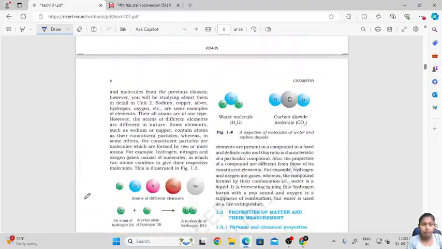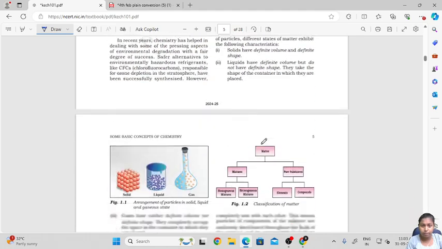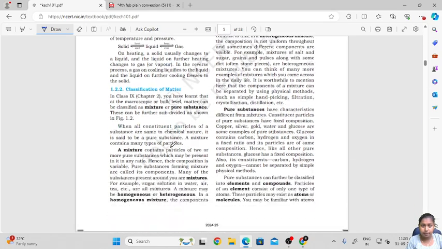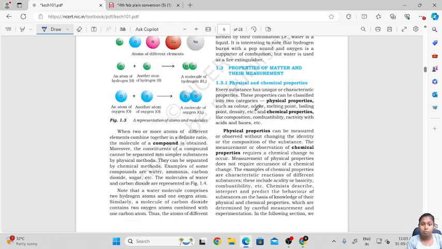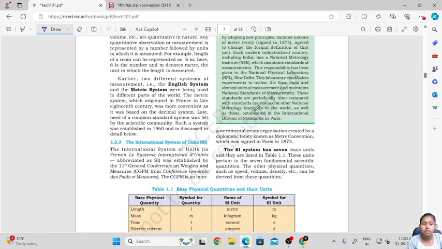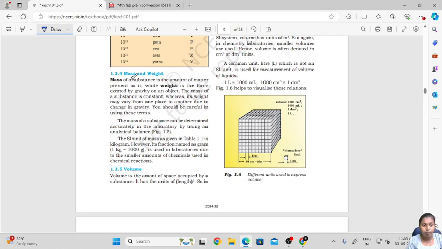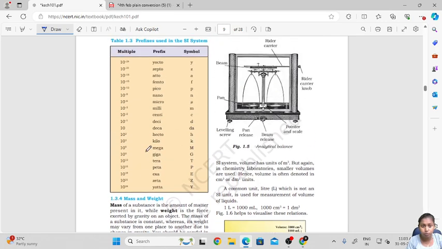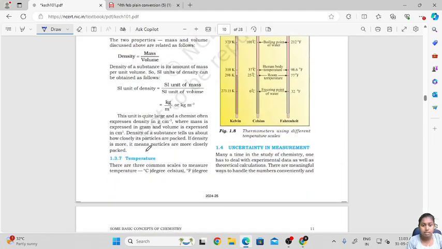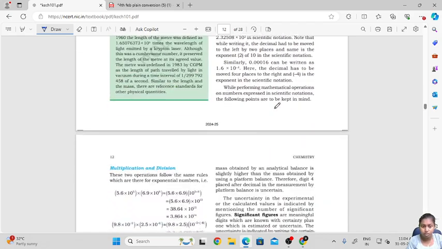So from here you should remember these are all the important parts of this chapter, that is nature of matter, states of matter, how they are classified, then properties, what are physical and chemical properties, differentiate between them, then how a physical property is measured, what are the base units, then you should remember mass, weight, how they are different and how their units are given, then volume, density and temperature.